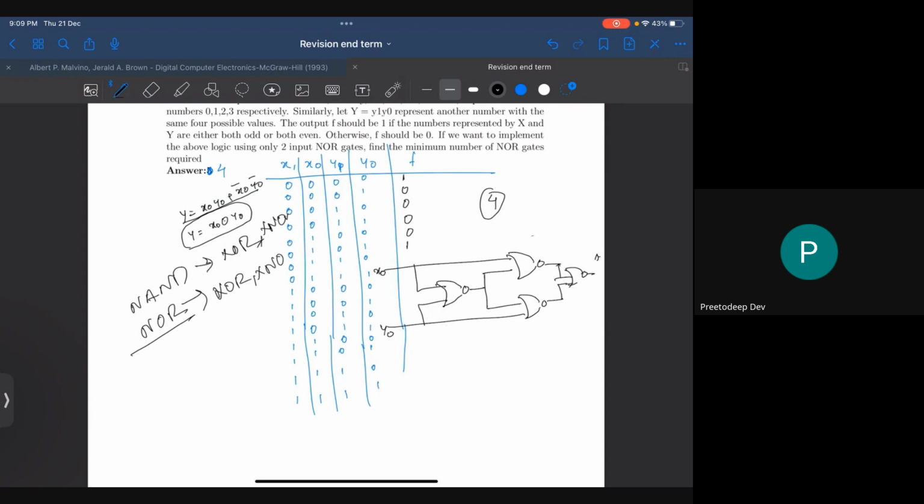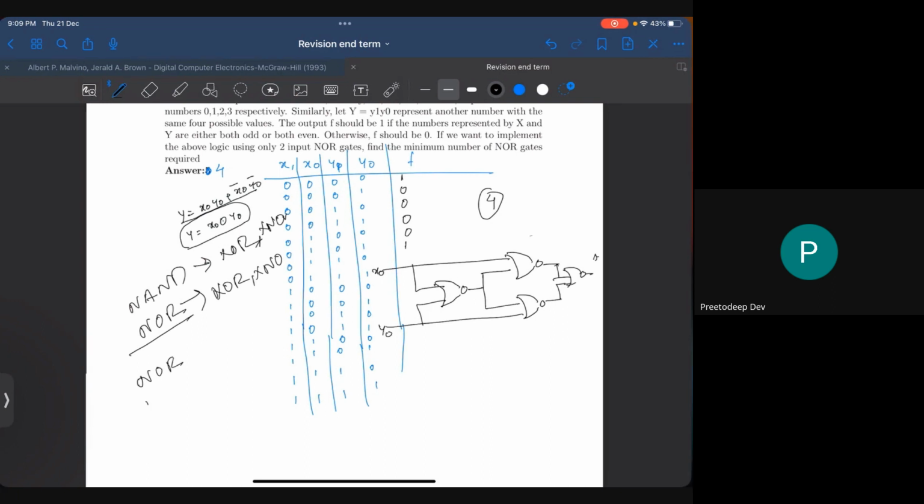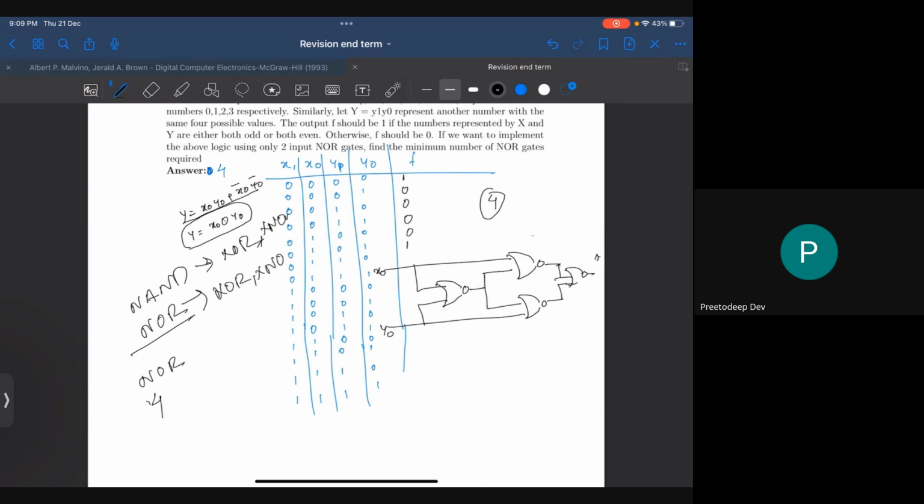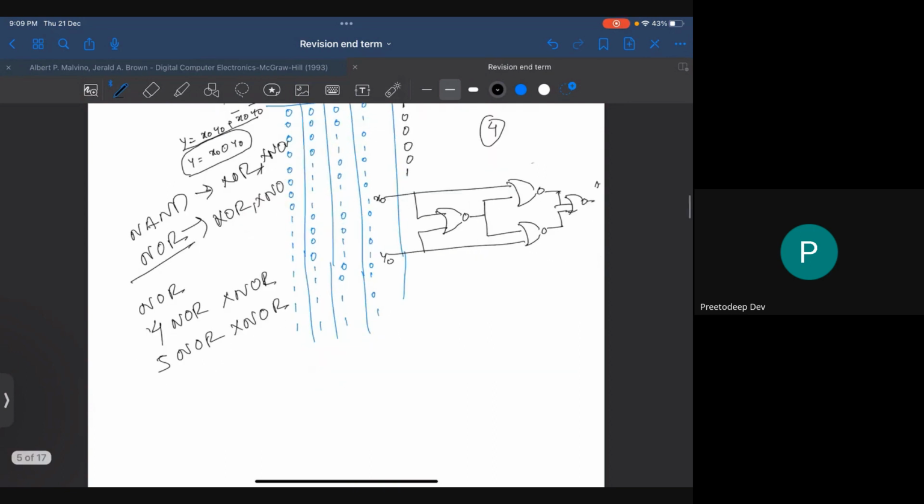So basically you can remember that with 4 NOR gates you can implement the XNOR gate, and with 5 NOR gates you can implement the XOR gate. Sorry, this is XNOR.